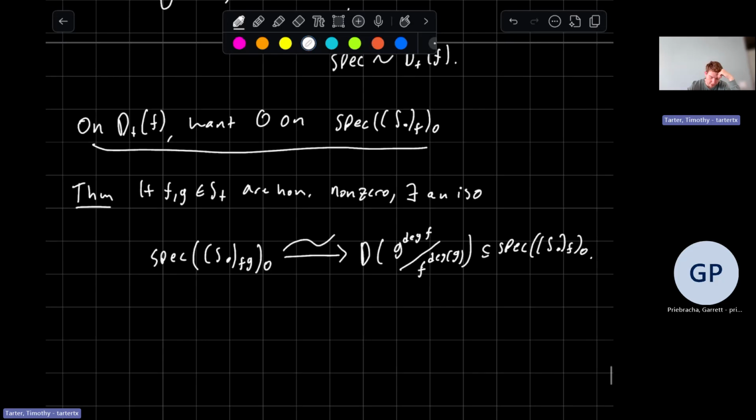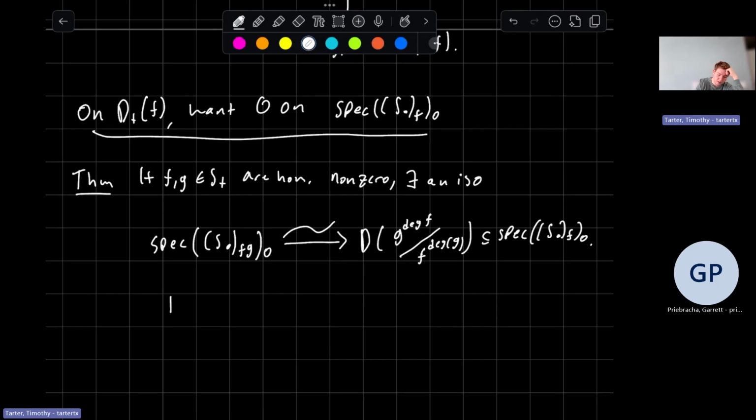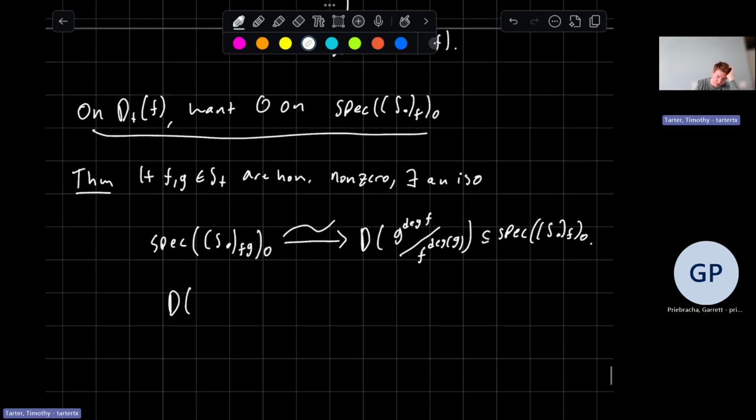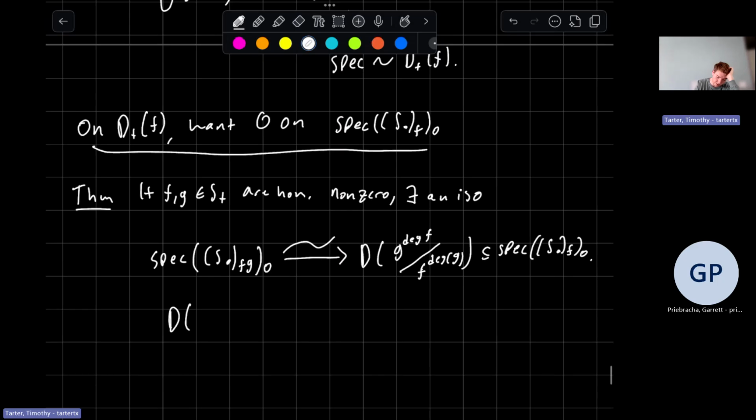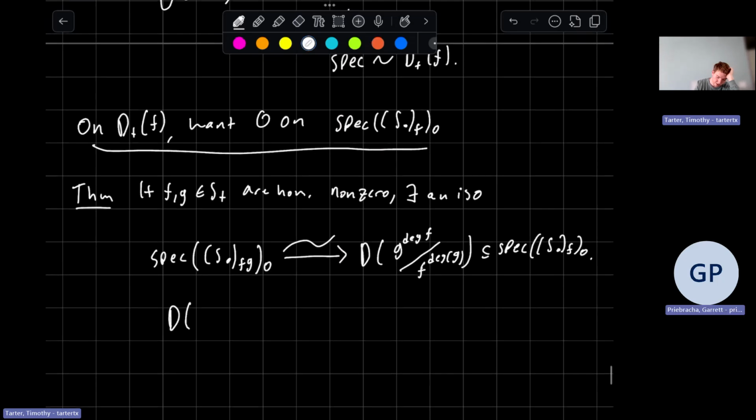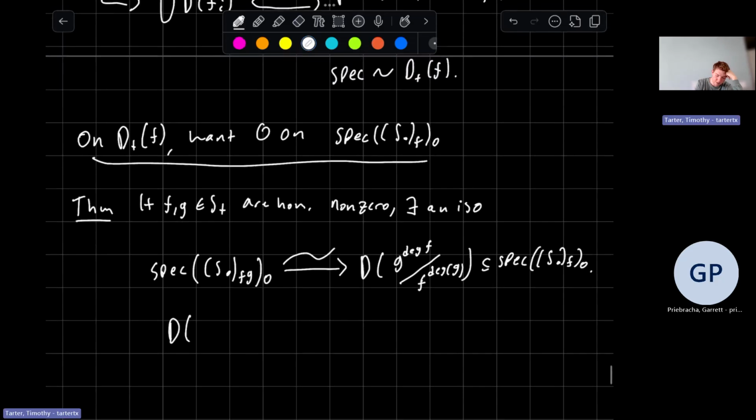Well, we have the standard distinguished open of a graded ring localized here, zero graded. So then this is the doesn't vanish set. No, it's not the doesn't vanish set, but it is.